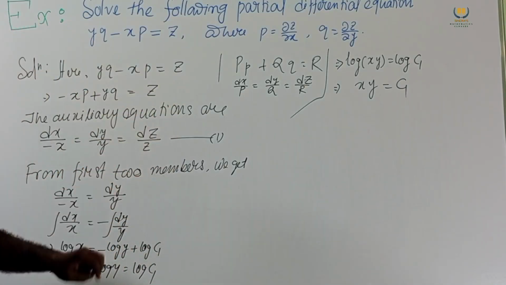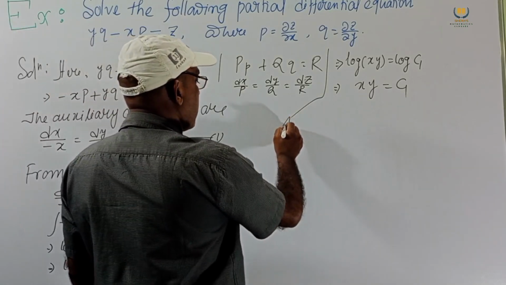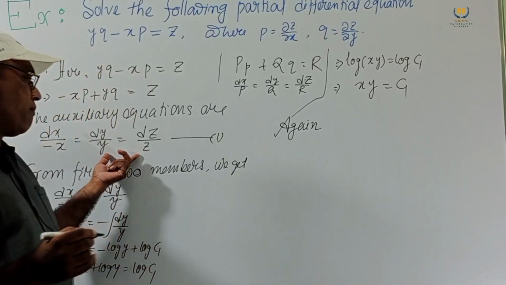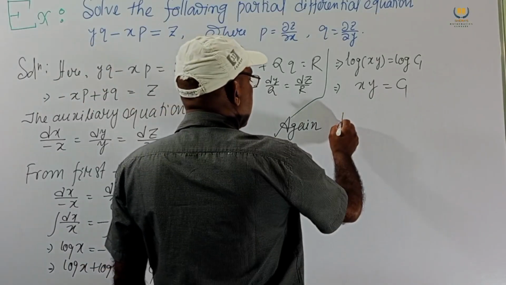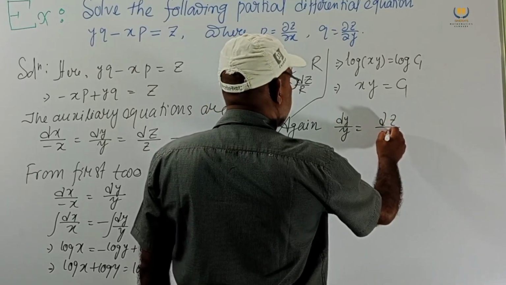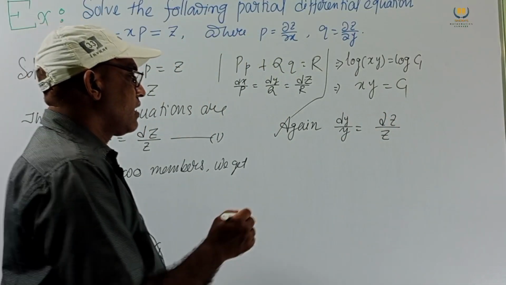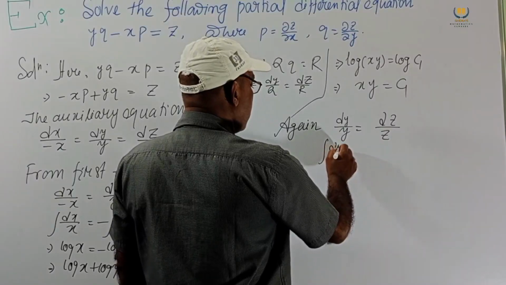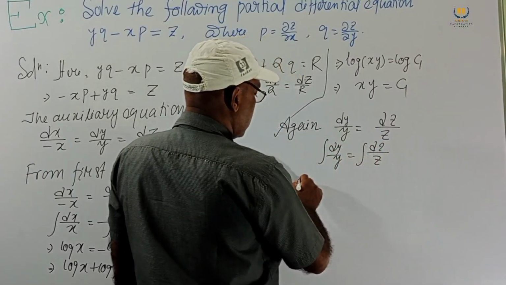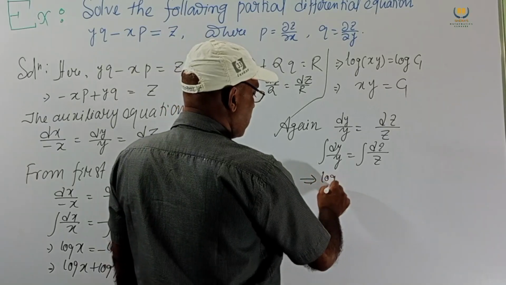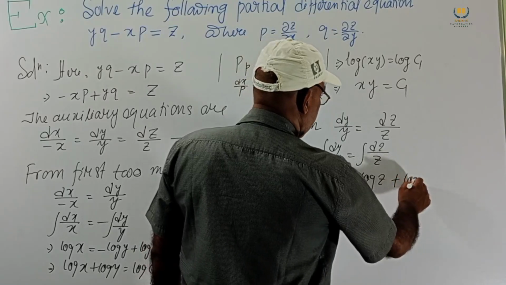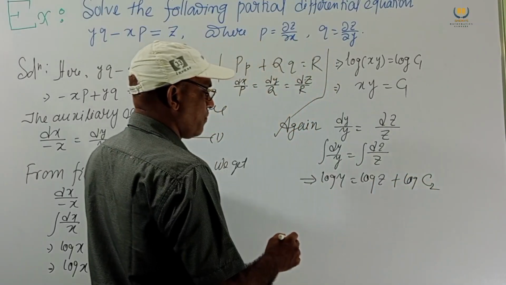Next we consider the second pair. Again from the second pair, these two members, dy/y = dz/z, we integrate. dy/y means log y, dz/z means log z, and we consider log c2.